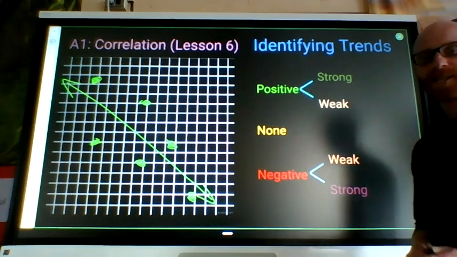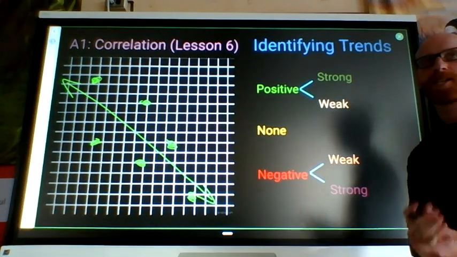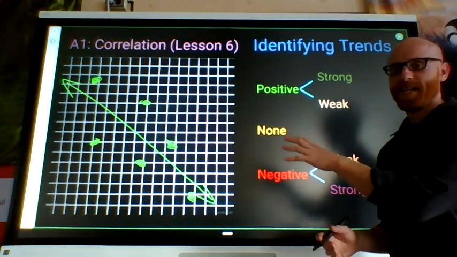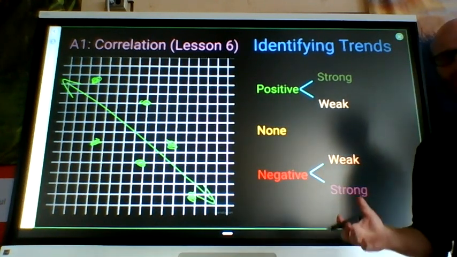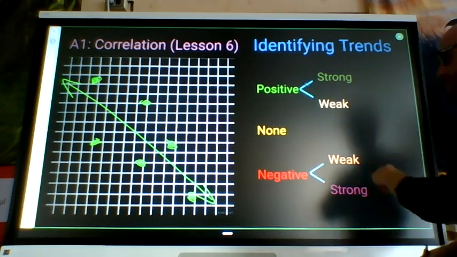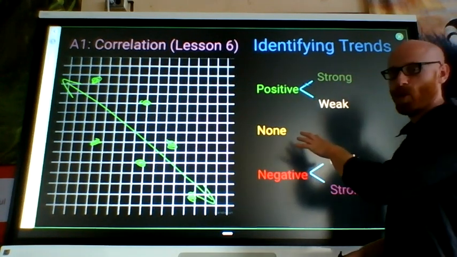If I ask you what kind of correlation is being displayed in a scatter plot, you've got 5 basic answers: strong positive, weak positive, strong negative, weak negative, or no correlation.